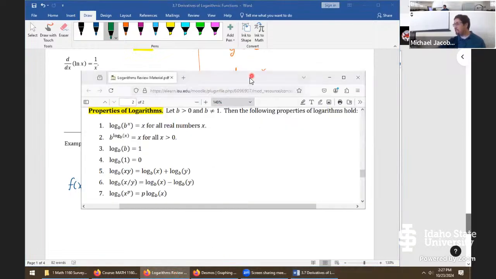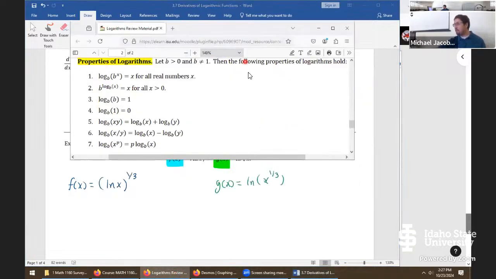So if we pull up those properties, the big property we're going to use is, let's take a look, property number 7. Property 7 says, if you have a power in this position, say x raised to a power p, it can become just a coefficient. So the power can move down in front.